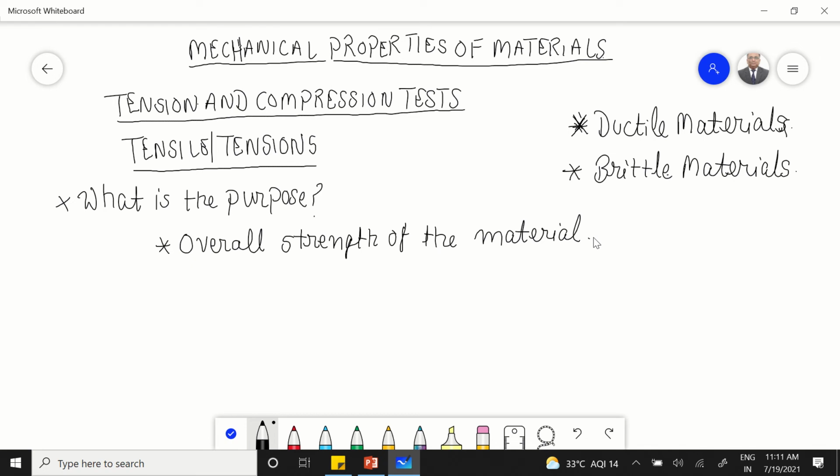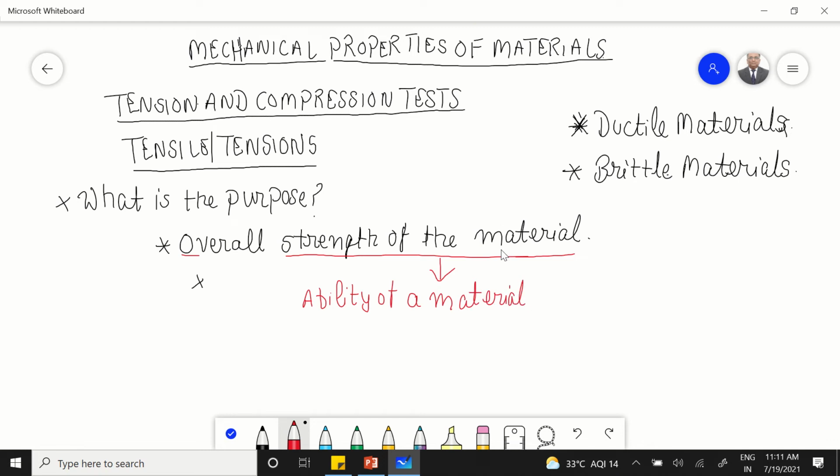Now, what do we mean by the term overall strength of a material? By strength of a material, we mean the ability of a material, it is defined as the ability of a material to sustain a load without showing any undue deformations, or strains, or failure also.